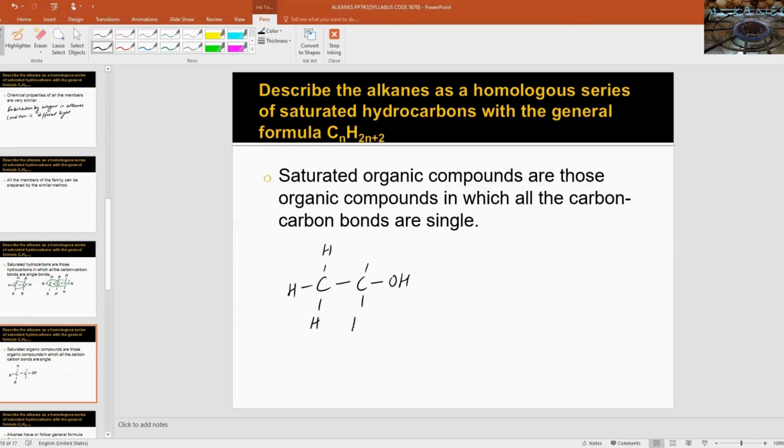This is an example of alcohol. This is an example of carboxylic acid. Both are from different families, but they contain carbon-carbon single bonds. Due to this reason, they are also counted as saturated organic compounds.